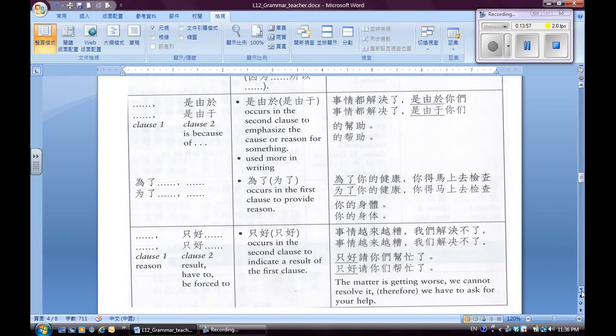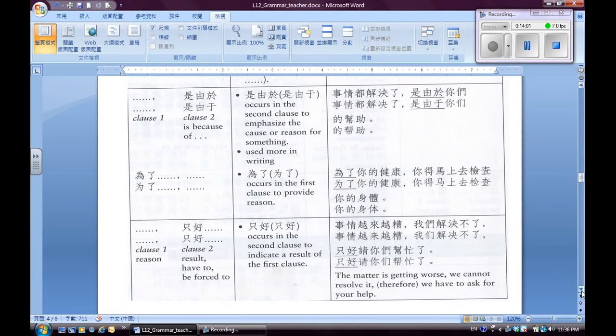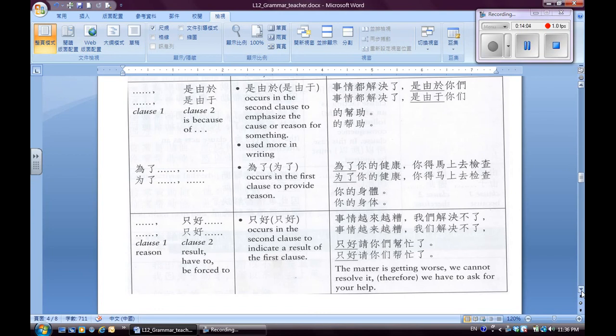Okay, so we have two more left. The next one is a new one. Well, actually, I'm sorry, three more. Okay, the next one, 是由于, is because of. 是由于 is very important, occurs in the second clause to emphasize the cause or reason for something.